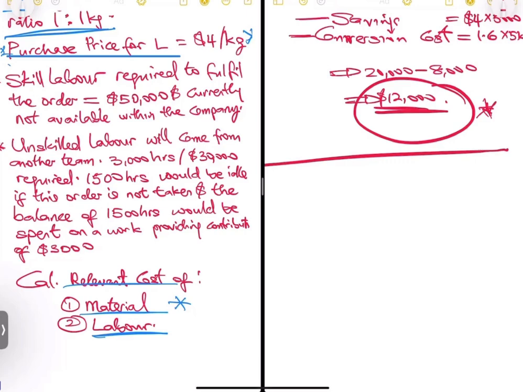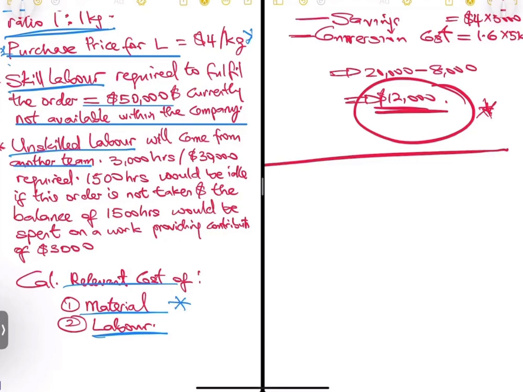For this same order, the skilled labor required to fulfill the order is going to require us to pay $50,000, and currently is not available within the company. However, unskilled labor will come from another team.